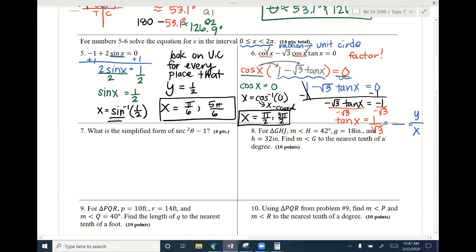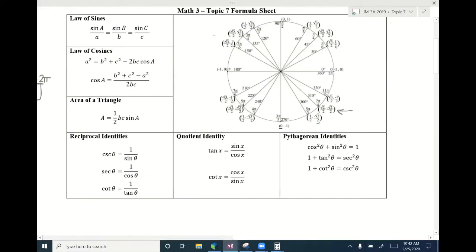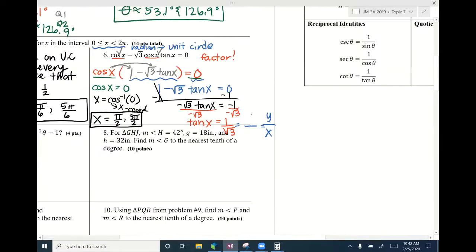So if we think about these points in the unit circle, if it's not a whole number, it's over 2. So that means that I can go back and think about this as being 1/2 over radical 3 over 2. What I have to be careful about is that tangent is positive in quadrant 1 and in quadrant 3.